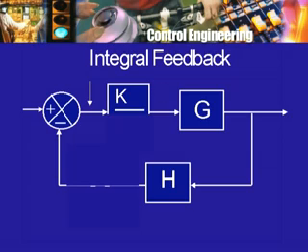Now, where do you apply the input and where do you measure the output? Let me repeat. Here is this gain K, and here is this feedback transfer function H, the forward transfer function G, the difference device, etc. We open the system here and then apply the input at this point to this input of the amplifier K. So, the signal then is amplified, passes through the transfer function of the system G, and then passes also on to the transfer function H, and then you measure the signal at this point.